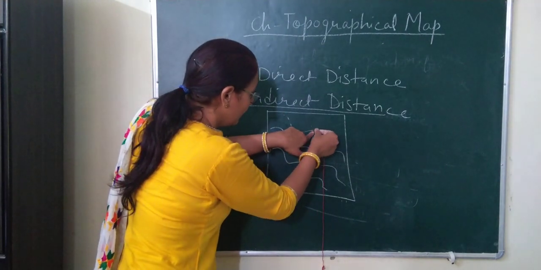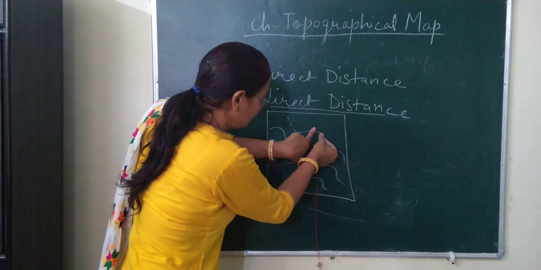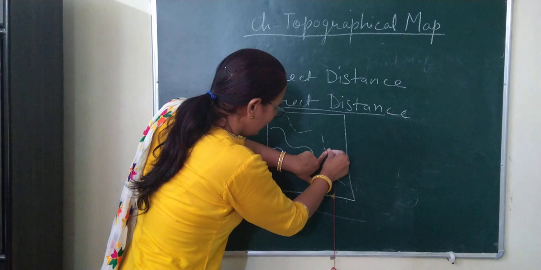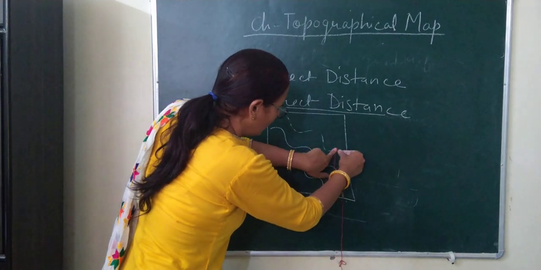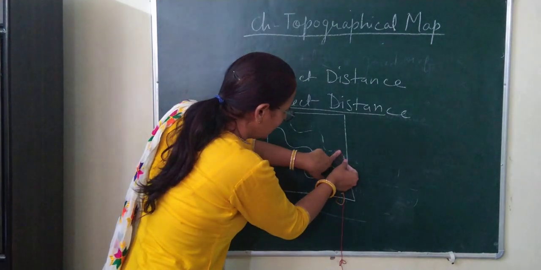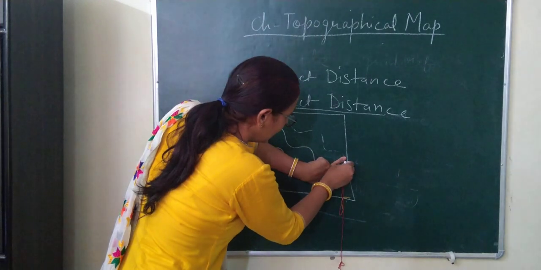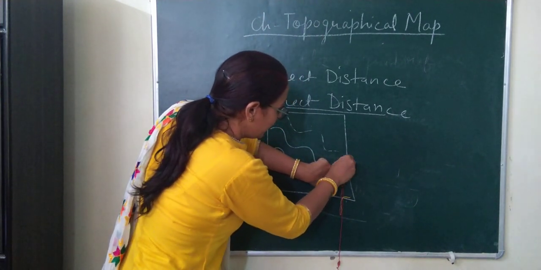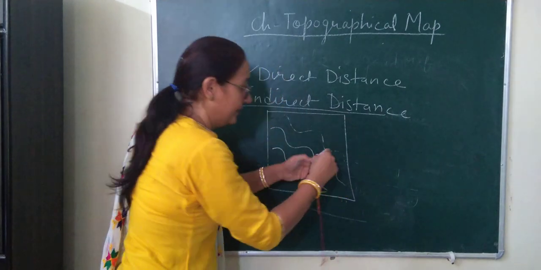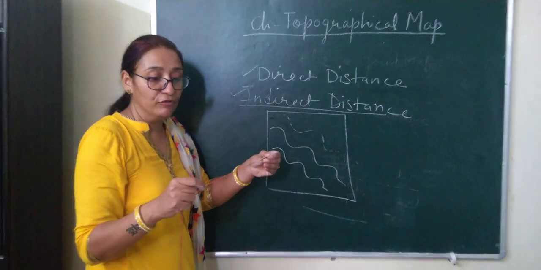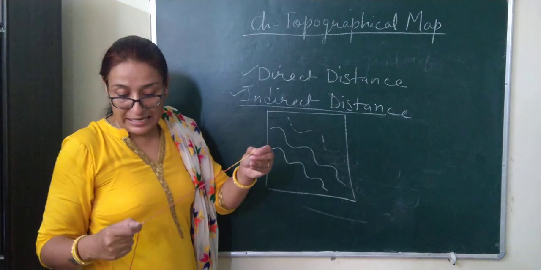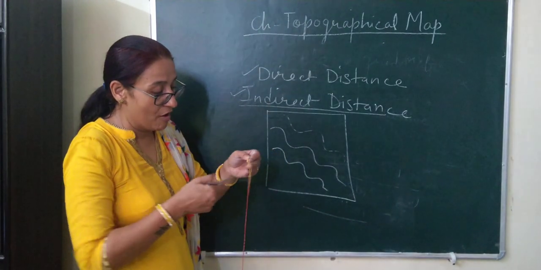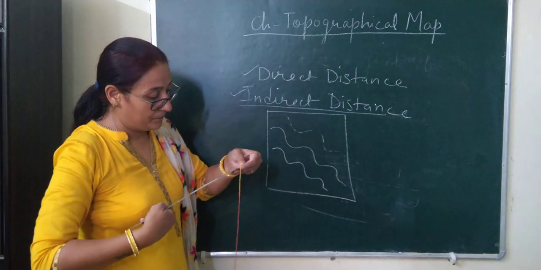At the end we have to mark with a pen, marker or anything at the last end, and then we have to remove the thread, and this thread we have to measure with the help of a scale.